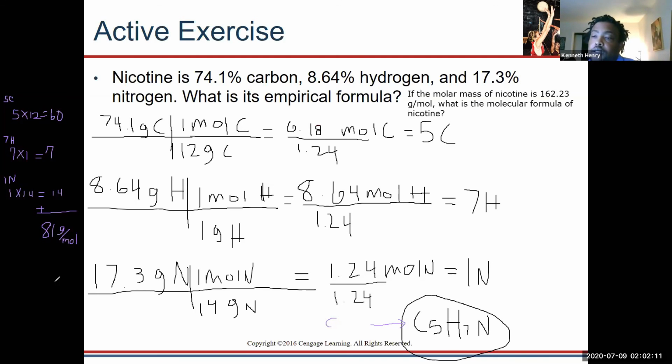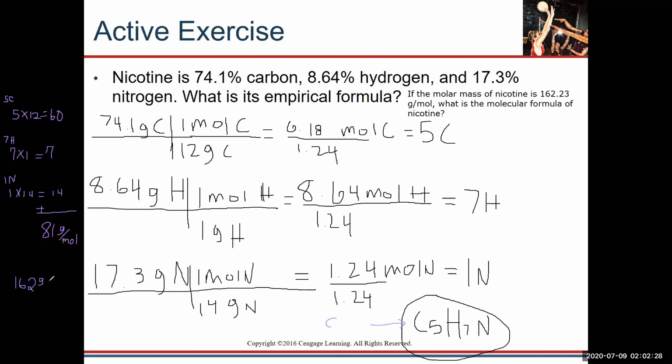Okay. So now what makes sense? We have this guy in grams per mole, and we have this guy in grams per mole. What do you think we're going to do with it? Divide them. Okay. So let's put the big guy on top. So you're saying, Dr. Henry, that my molecular mass goes on top and my empirical mass goes at the bottom?